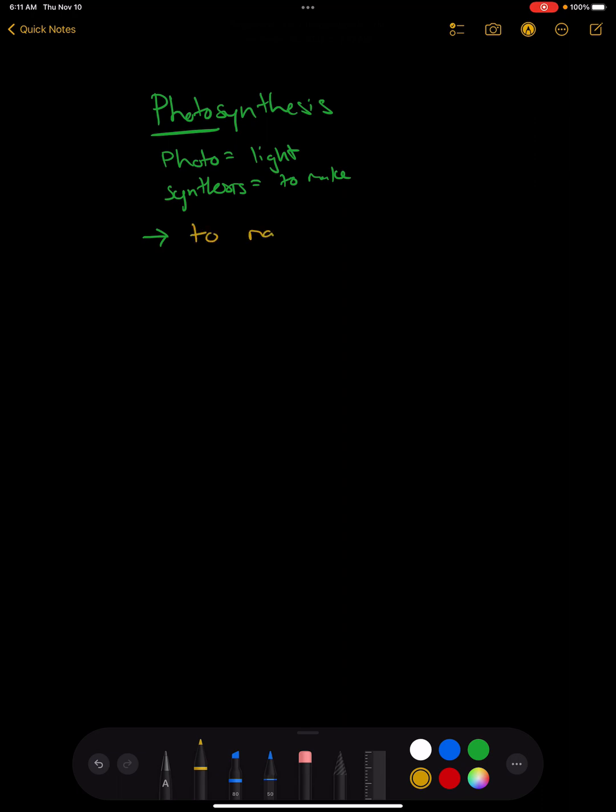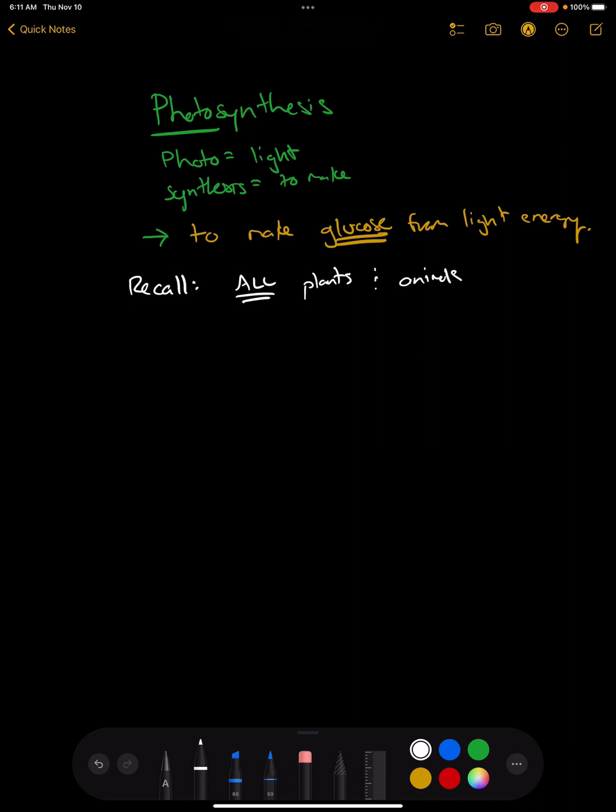So I'm going to make glucose from light energy. And then you have to remember, when we talk about glucose, so recall this information that all plants, every plant on this pretty little green earth of ours, all plants and animals, us too, so all plants and animals do cell respiration.